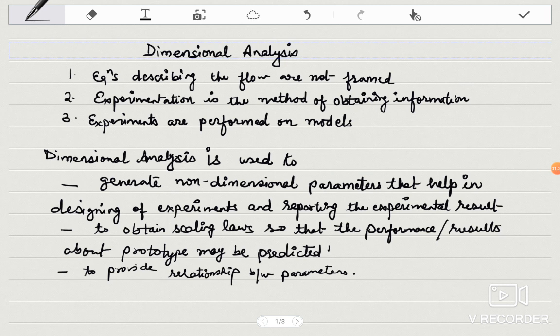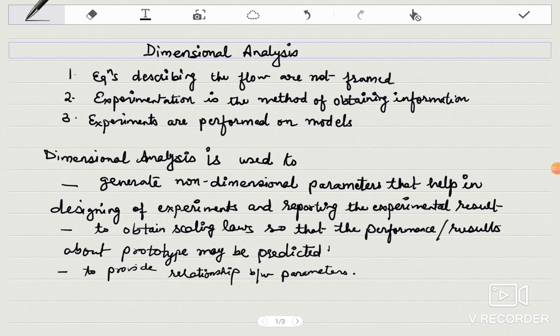Secondly, if we express some experiment in terms of non-dimensional parameters, then we can express one parameter in terms of other parameters involved in the problem. Also, as we saw earlier, we get the scaling law with the help of dimensional analysis, so that the results obtained from the model may be utilized for the prototype.